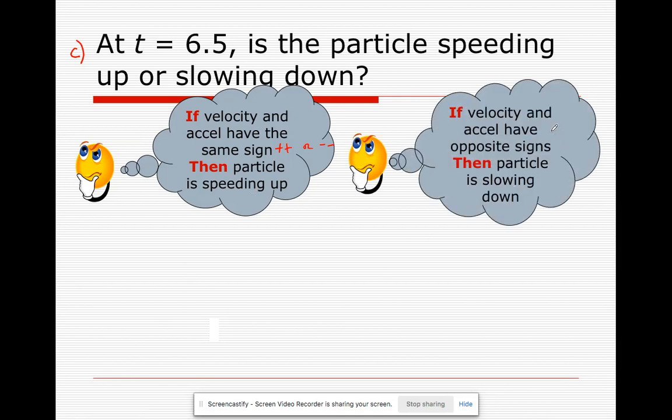If velocity and acceleration have opposite signs, positive and negative, or negative and positive, then they are working against one another. So that's like your rocket shooting off from the ground, but acceleration is negative, pushing it down. The rocket is slowing down the instant it goes off the ground.